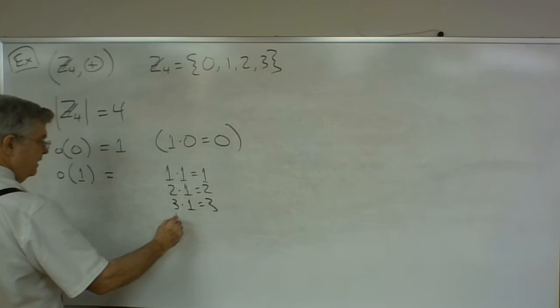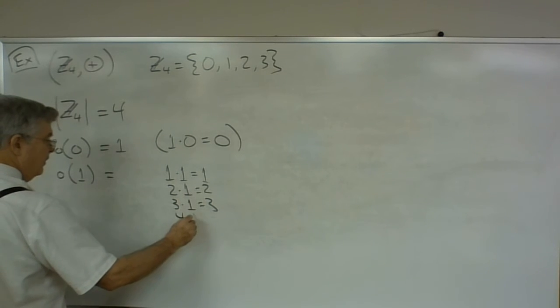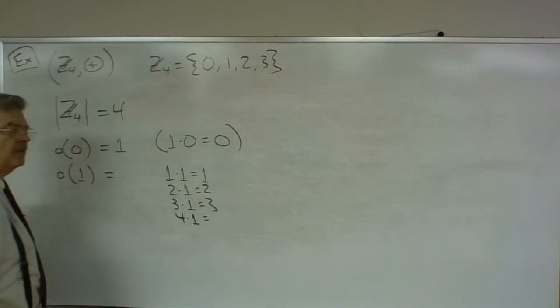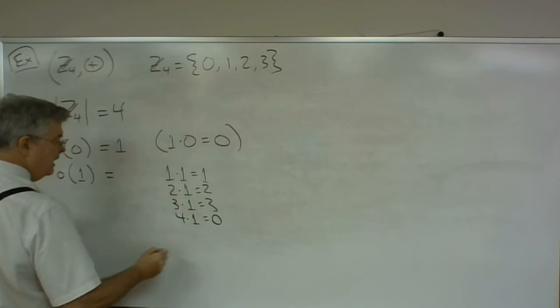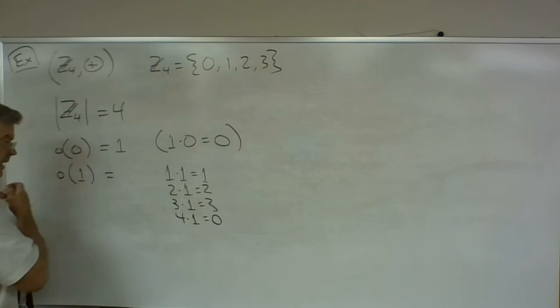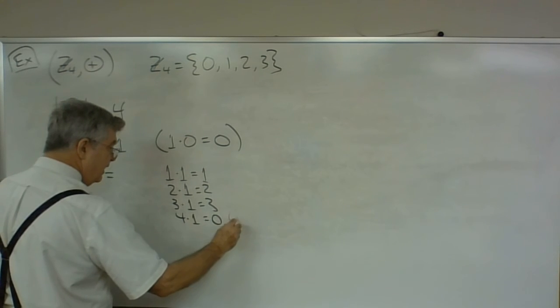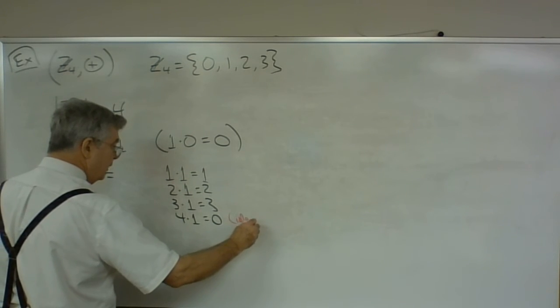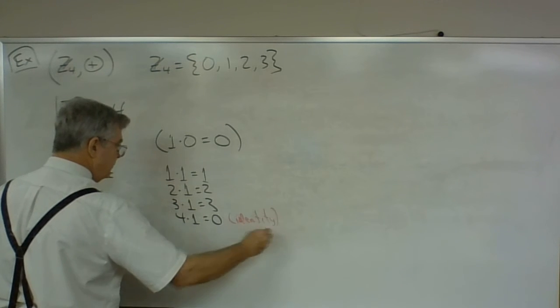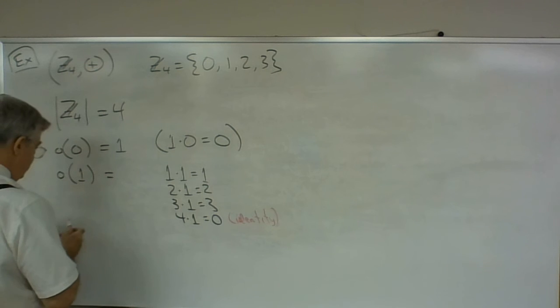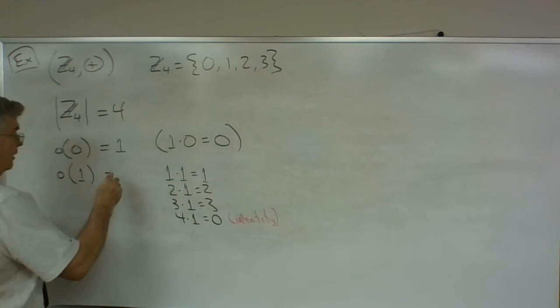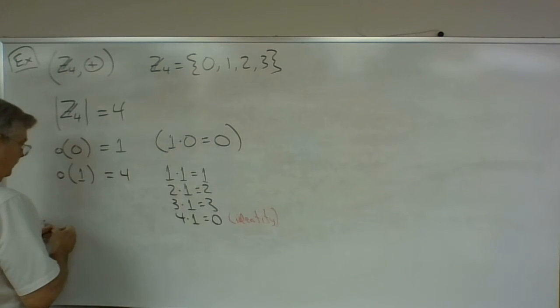That's not the identity. 4 times 1 is equal to 4, but that's congruent to 0 mod 4. And remember that 0 is the identity. So I think we have a winner here. The order of 1 is 4.